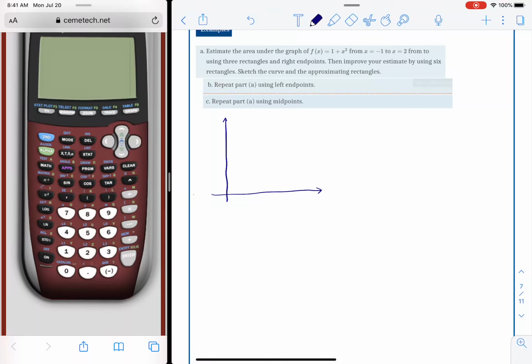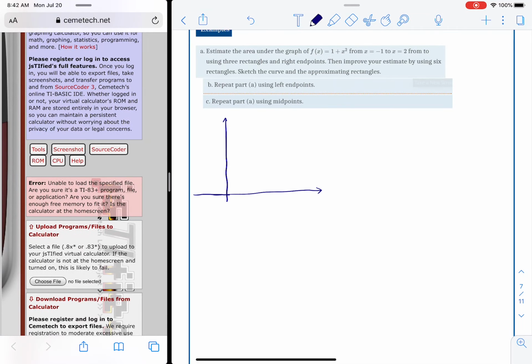Now, another thing to realize here, not only are we going to get a better approximation by increasing the number of rectangles, we could also see a change in the left and right endpoint interpretation, because this particular function has increasing behavior. So I can graph it first.